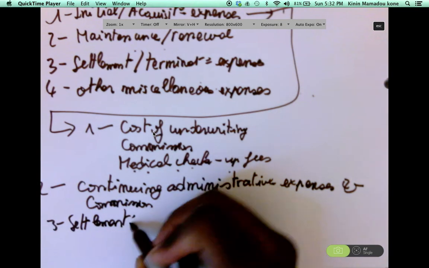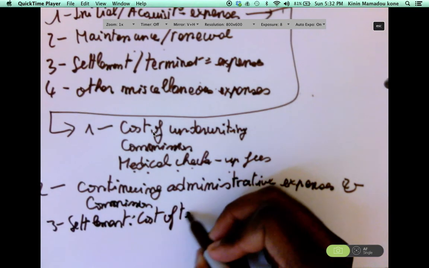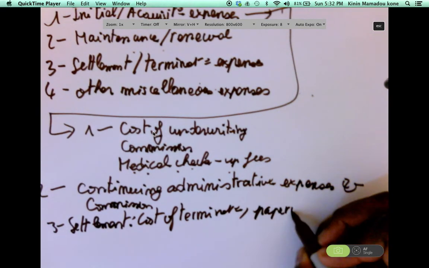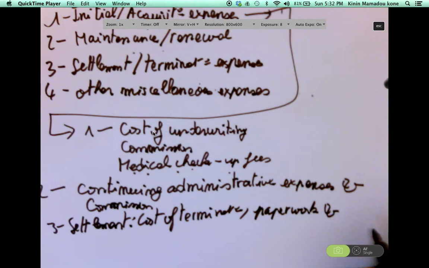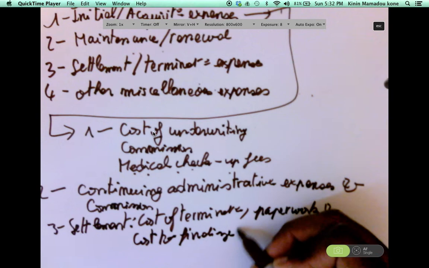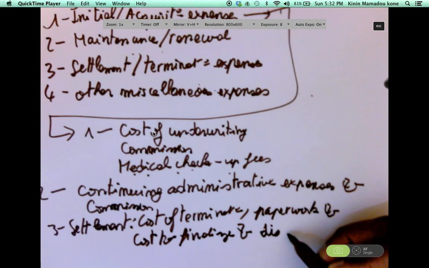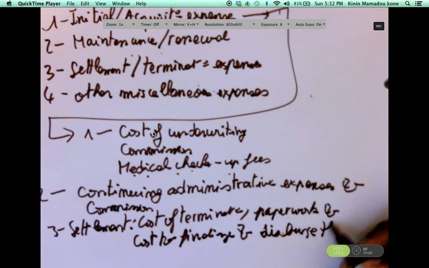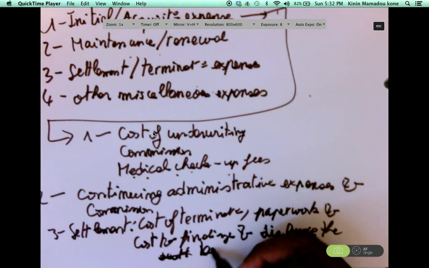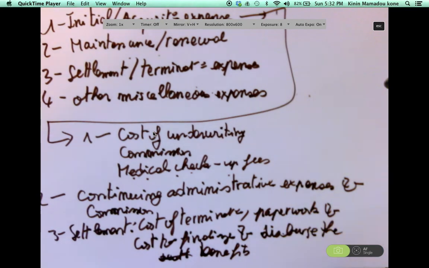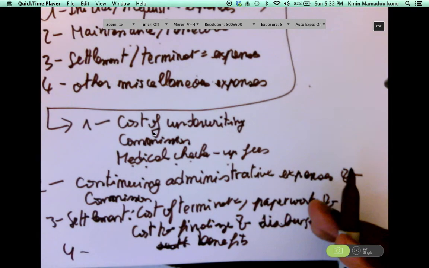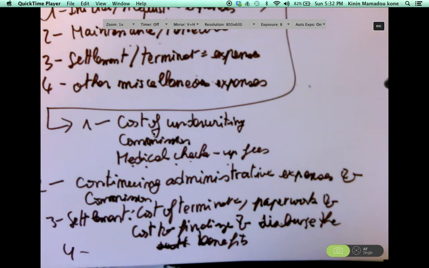Just the cost of termination, paperwork, and to find, disburse and pay the death benefit, and the benefit in general. And four, other miscellaneous, which will represent lawyer fees, legal service, taxes, and so on and so forth.